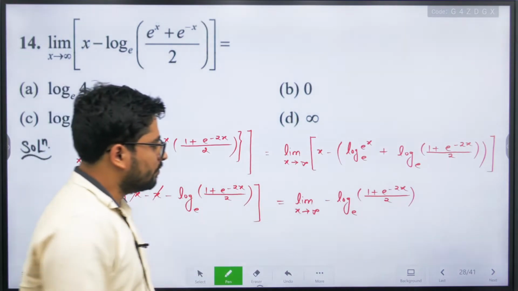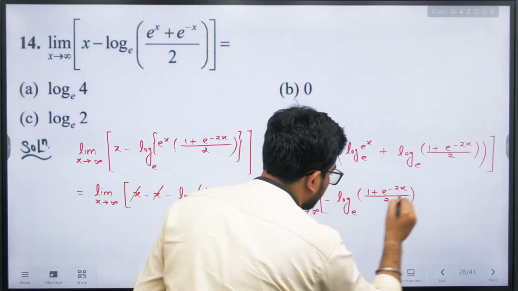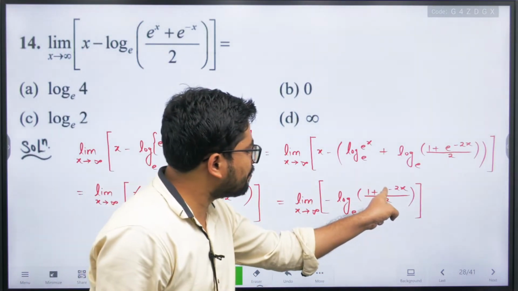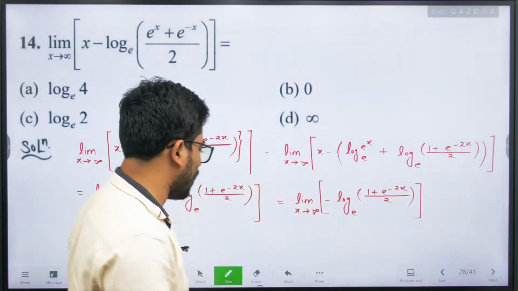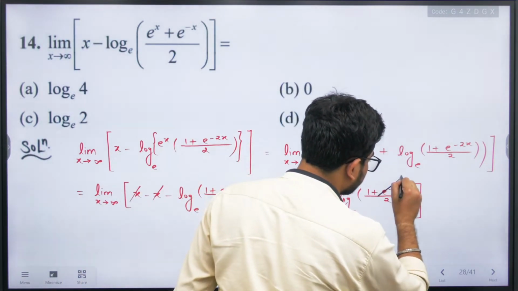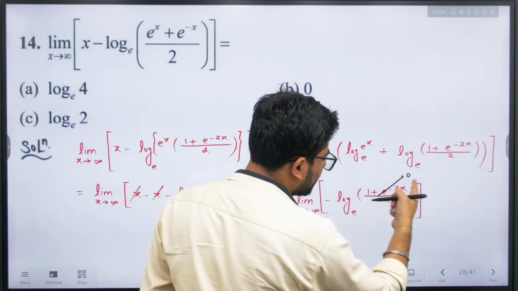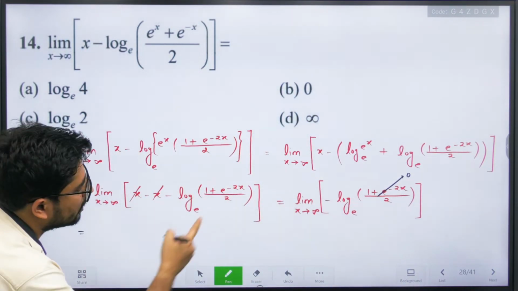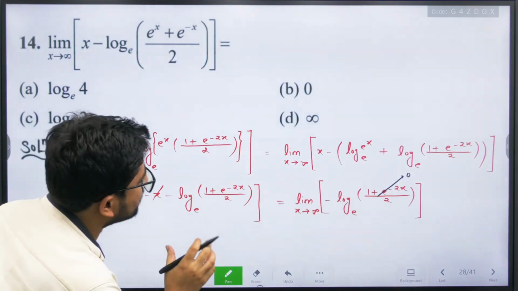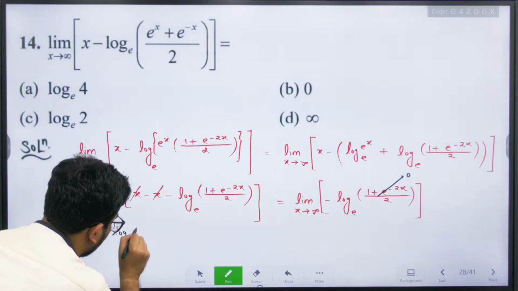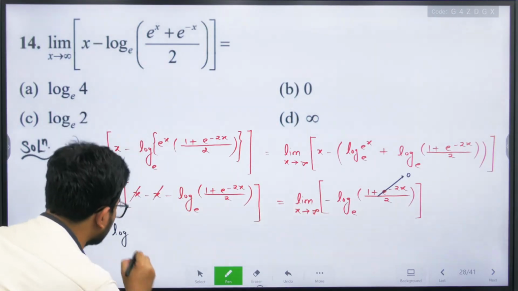Now x tends to infinity, so e power minus infinity tends to 0. So this is (1 plus 0) by 2, that is 1 by 2. So this limit is minus log of 1 by 2 to the base e.